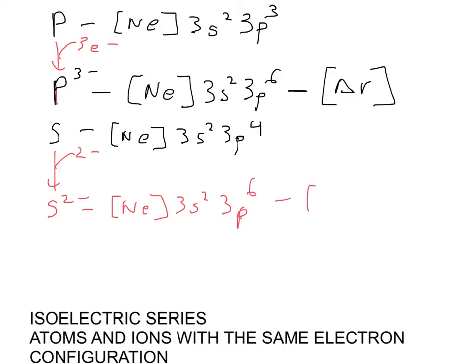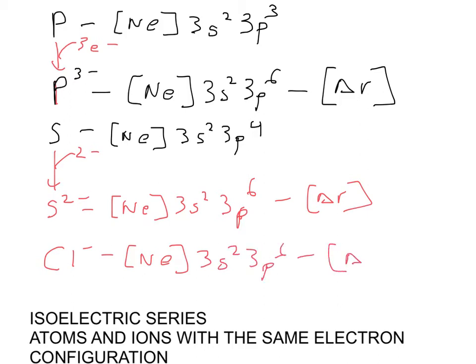And you're saying, yeah, it's obeying the octet rule. So when they obey the octet rule, phosphide, sulfide and argon have the same electron configuration. But wait, there's more! If we wrote the electron configuration for the chloride ion, we'd discover that it too has the same electron configuration as argon.